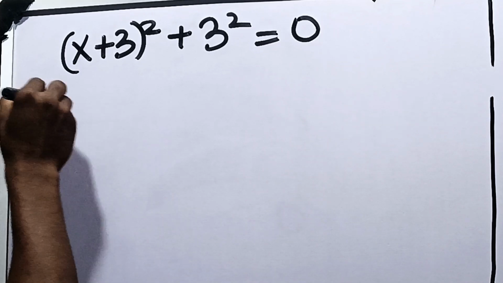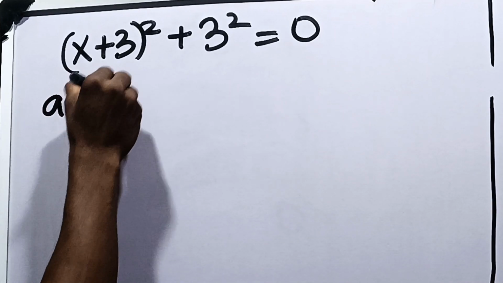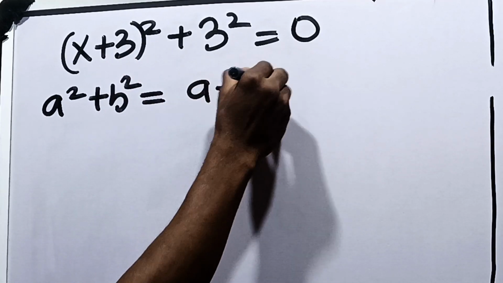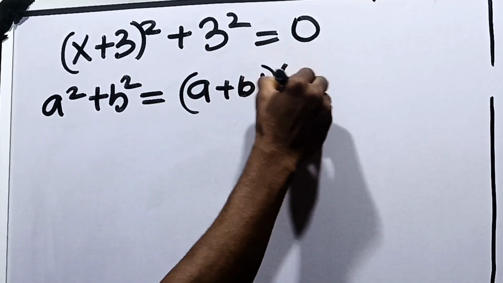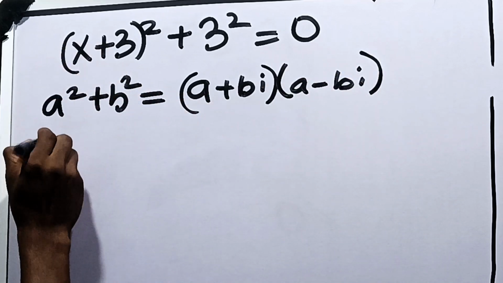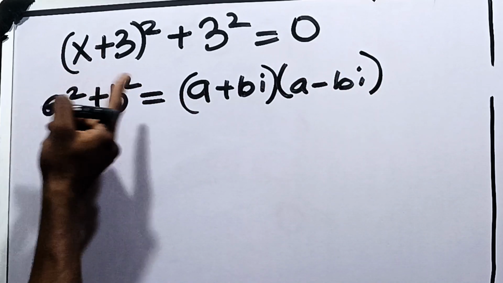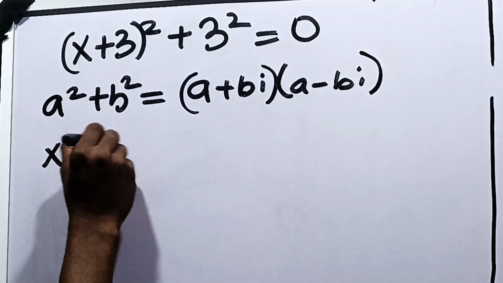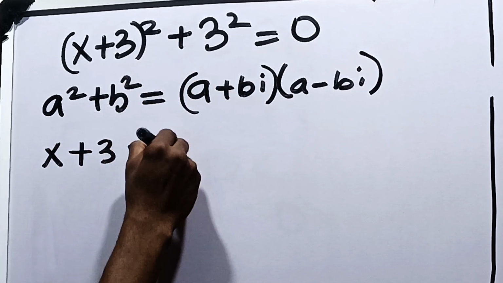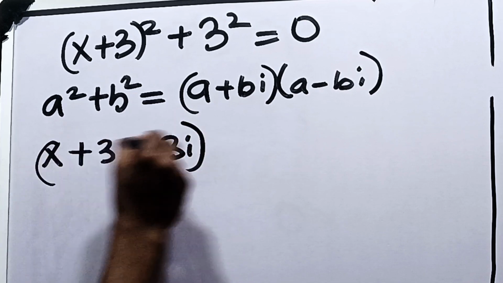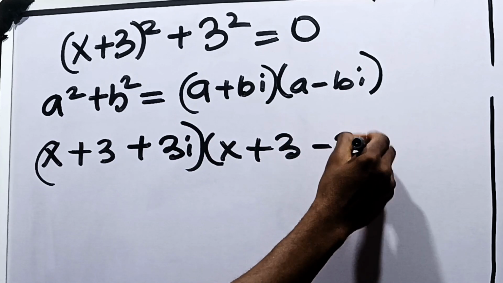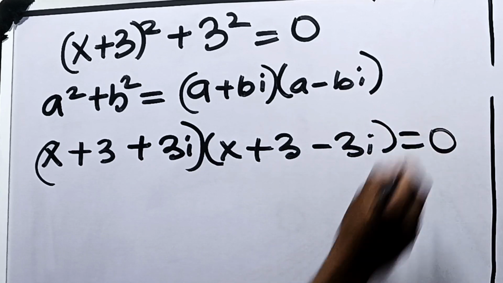It states that a^2 + b^2 is equal to (a + bi) multiplied by (a - bi). Applying this law here, we have x + 3 as a. So we have (x + 3 + 3i) multiplied by (x + 3 - 3i) to be equal to 0, okay?